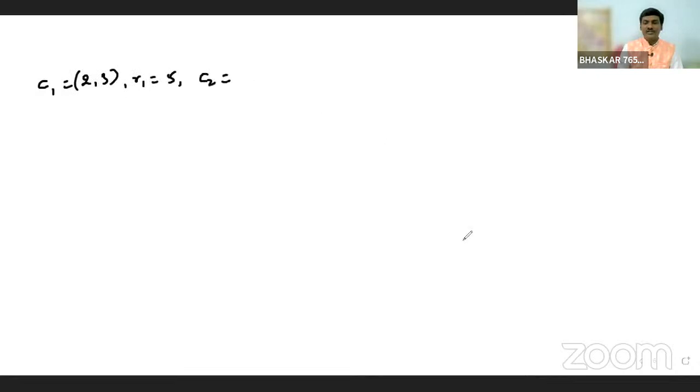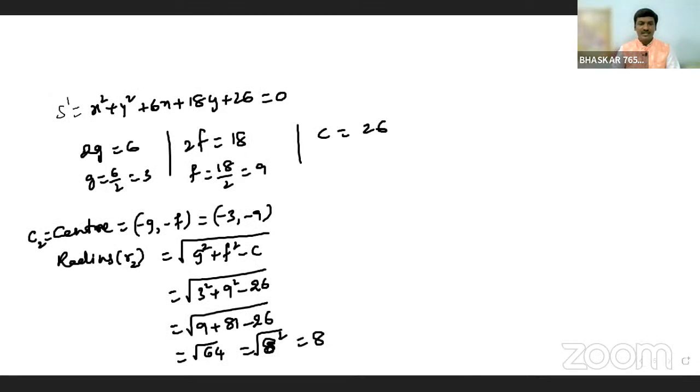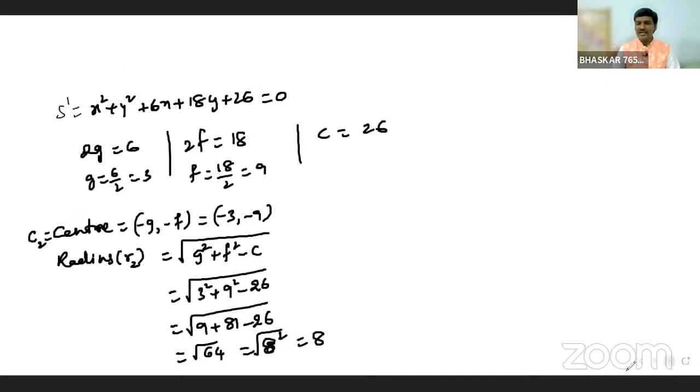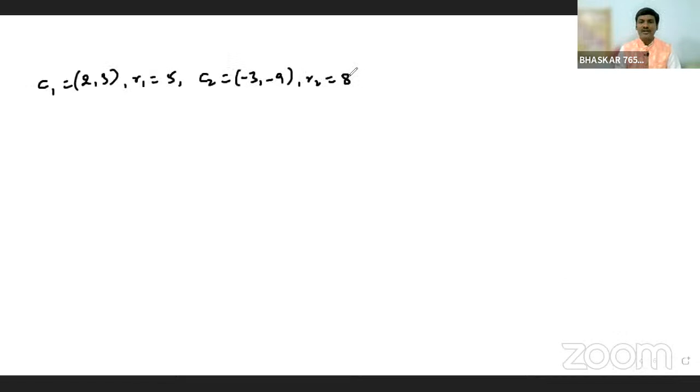And C2, the second circle center, is minus 3 comma minus 9, and radius R2 is equal to 8.